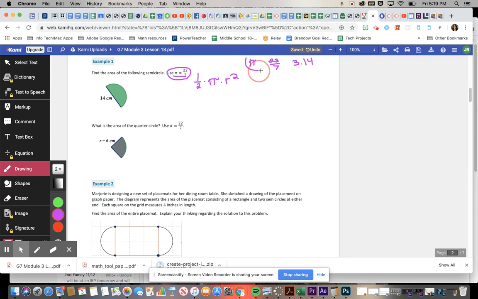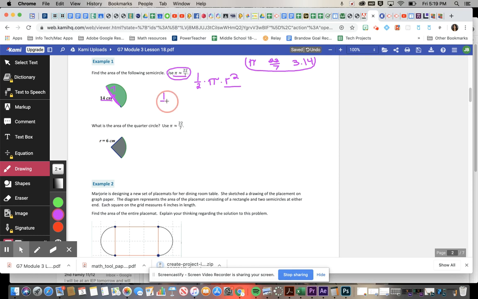All of these are ways to write pi. So I know here it looks like our diameter is 14 centimeters. That doesn't help me in this formula because I need the radius. So if the diameter is 14, the radius is half of that, which is 7.